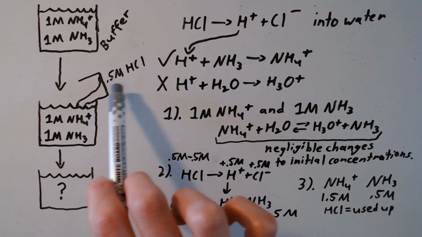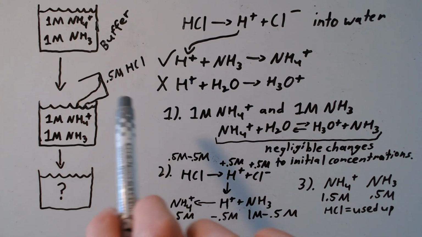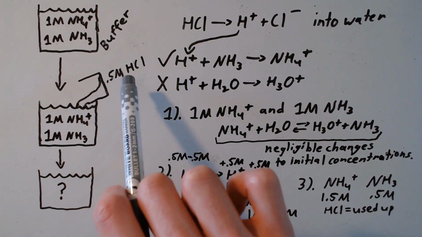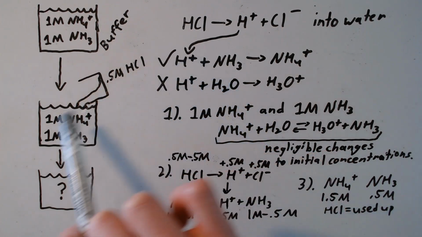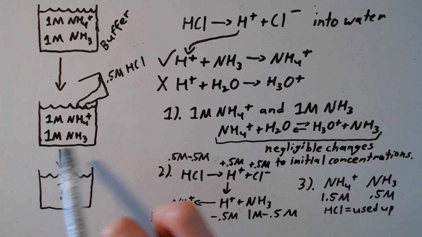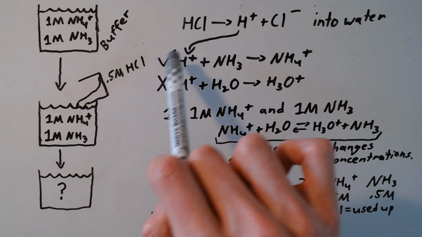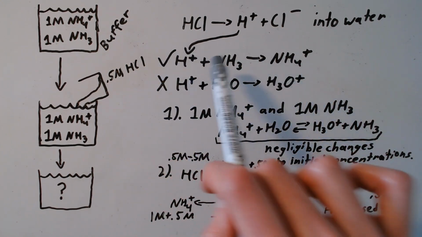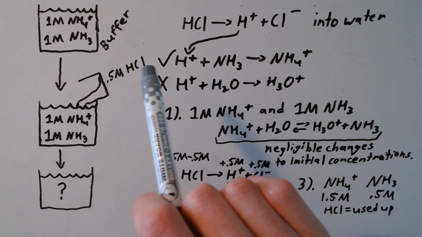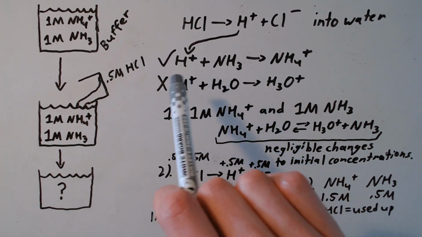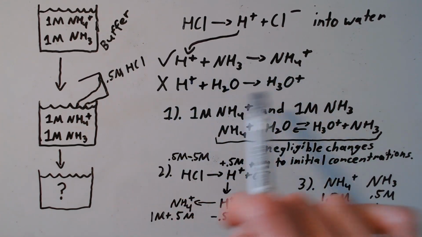What would happen is that all of the H pluses, as long as there's enough NH3, would get used up. So let's say, since we only have 1 molar of NH3, then 1 molar of the H pluses would get used up first by the NH3. And then the remaining H pluses would be taken up by water to form hydronium ions.